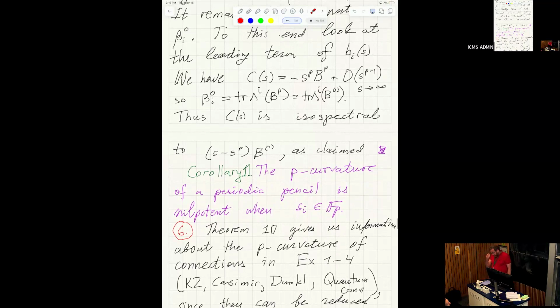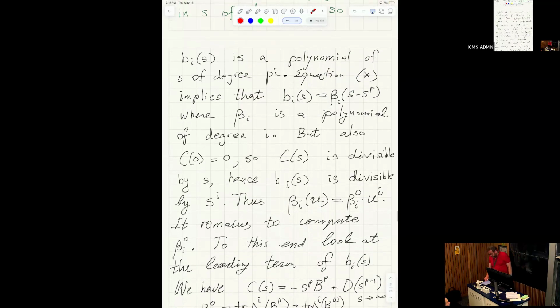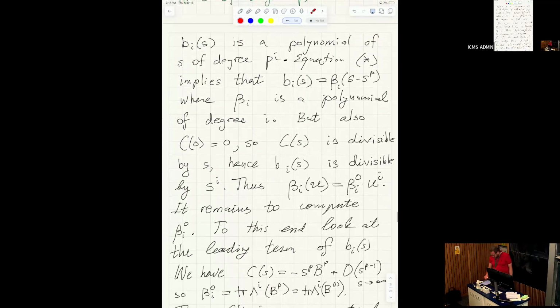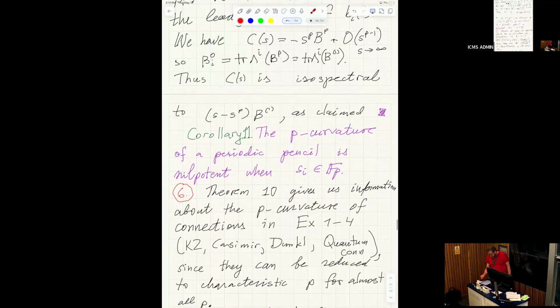And this main theorem is pretty easy, but powerful. In particular, a corollary of this is that if you have a periodic pencil and you take your parameters over a field of characteristic p, and you have parameters which are in F_p, the prime field, then the theorem says that p-curvature is isospectral to 0 because these S_i minus S_i to the p are equal to 0.